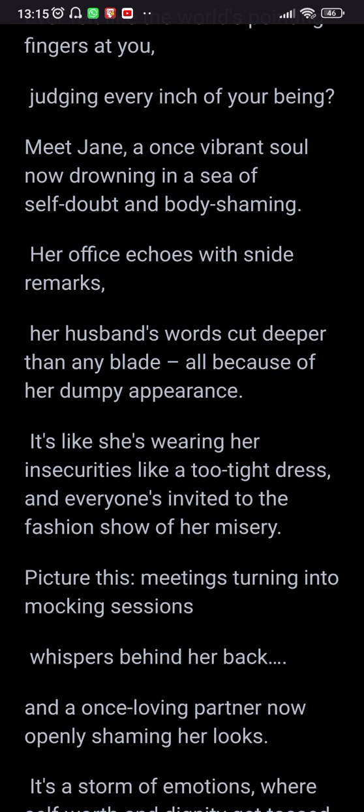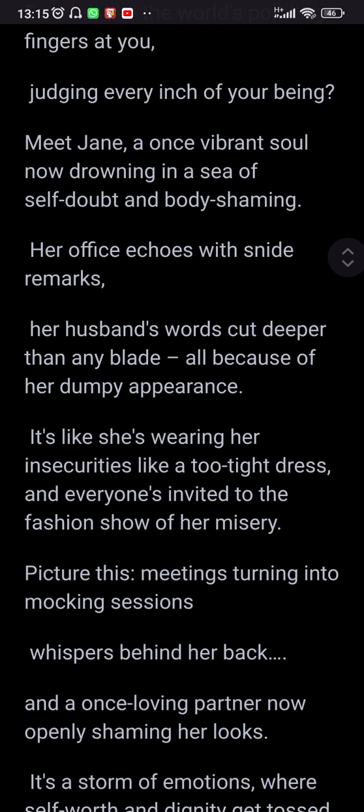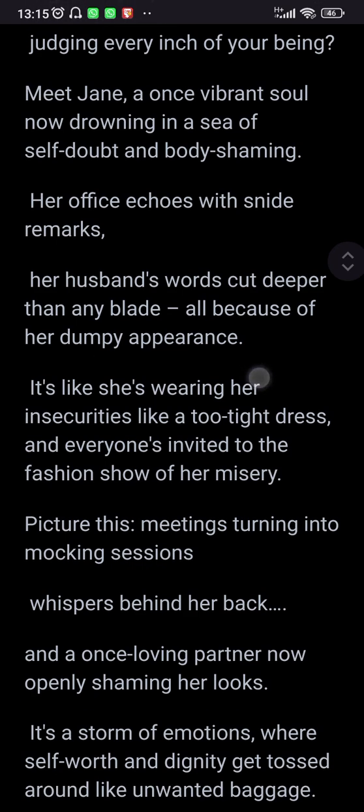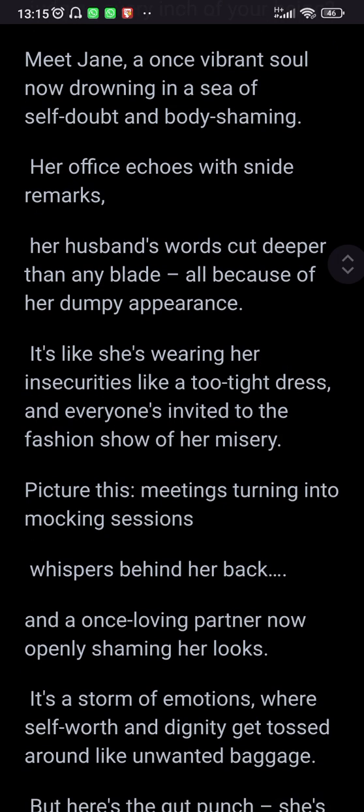If you want to write a story, tell the story in the form of maybe present tense or what happened in the past. Okay? So there's so much you can improve here. Meet James, a once vibrant. I don't think that's a nice way to start a story. You can start by what happened to her. You can start a story by saying what her husband said to her. That is going to grab attention.